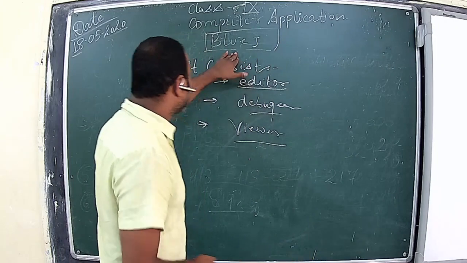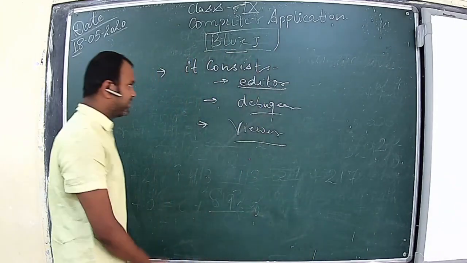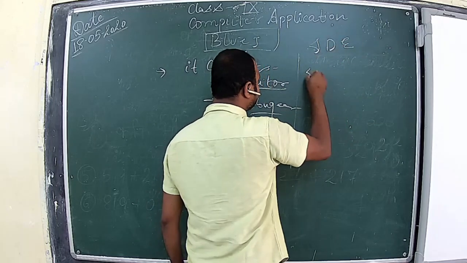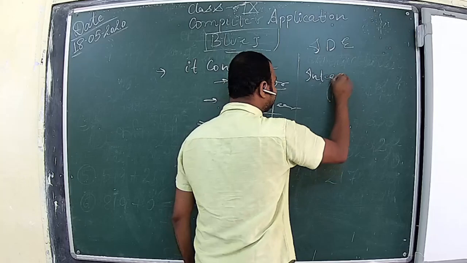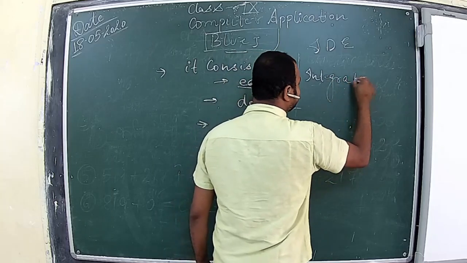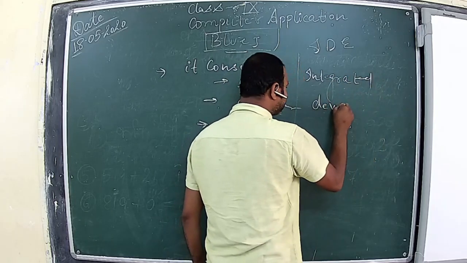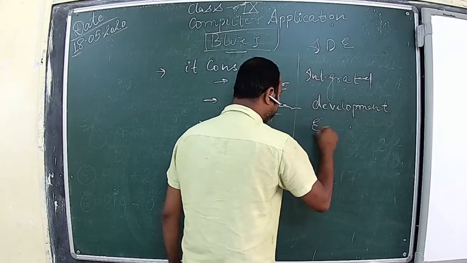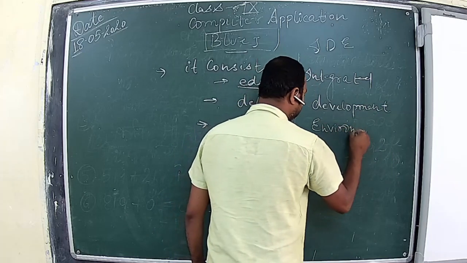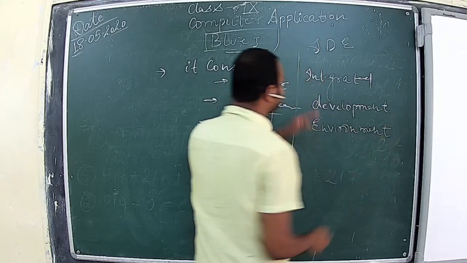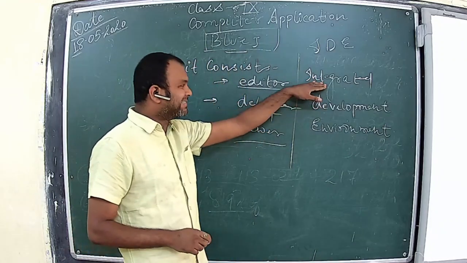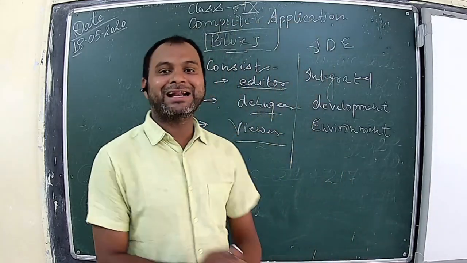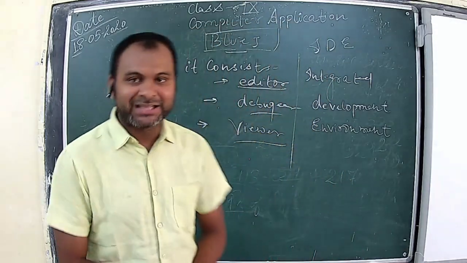So BlueJ is an IDE. It means integrated development environment, and it provides a platform where a user can write their source code and execute their program.